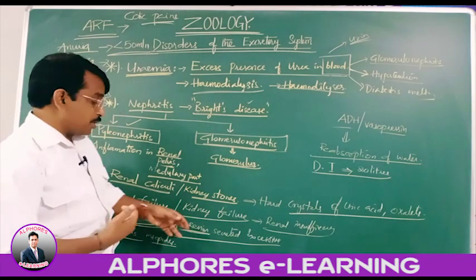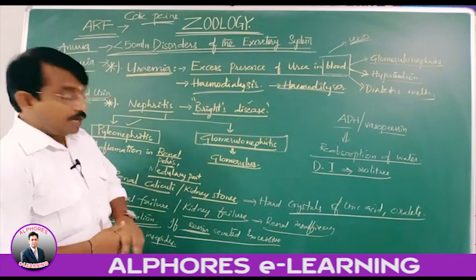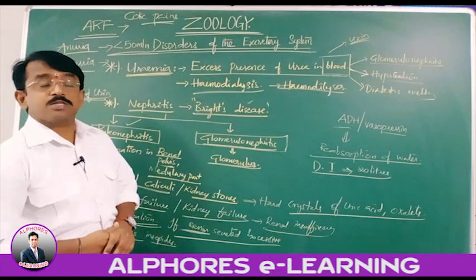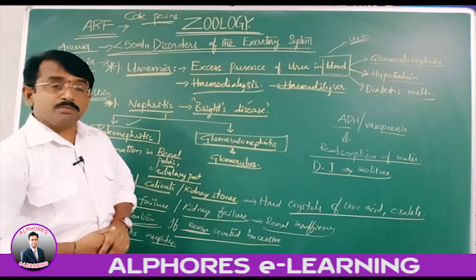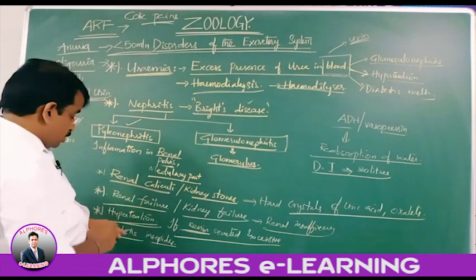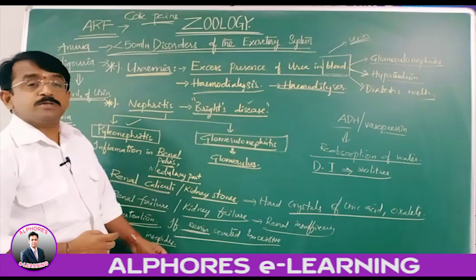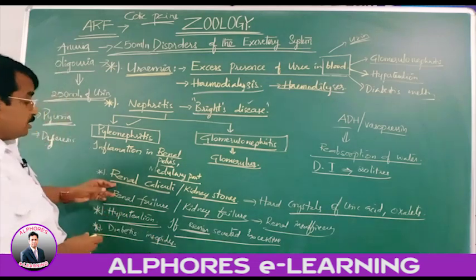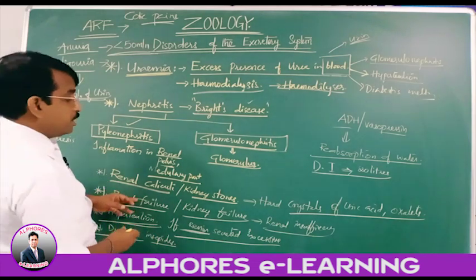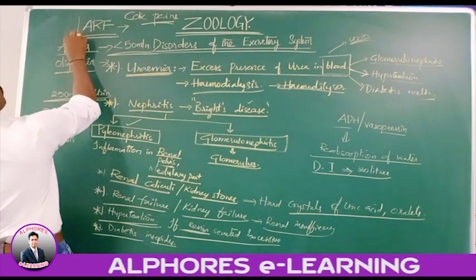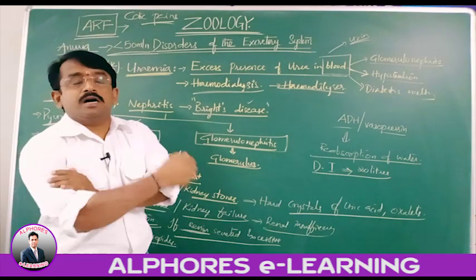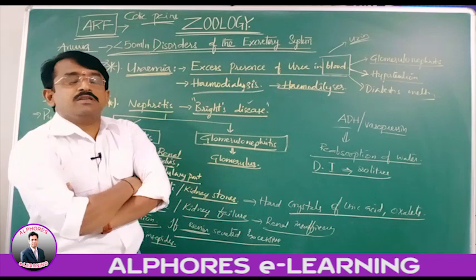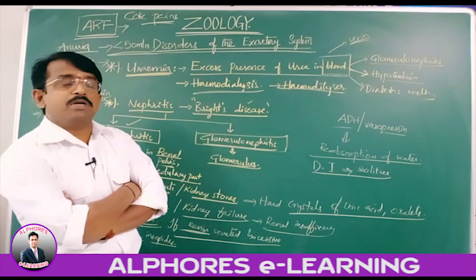And hypertension: if renin is secreted excessively, it retains sodium and results in increased blood pressure, that is hypertension. And renal failure or kidney failure, renal insufficiency, is where one or both of the kidneys become non-functional.